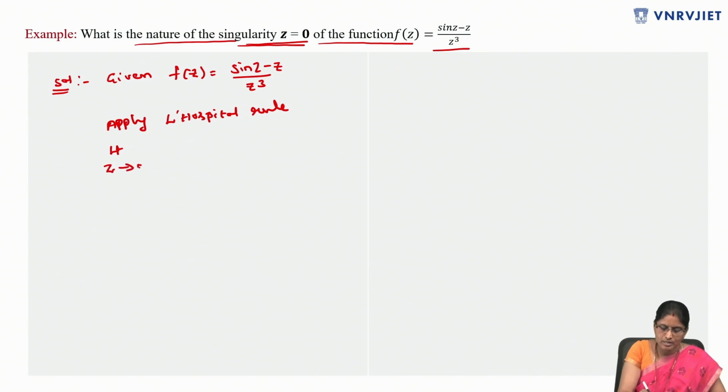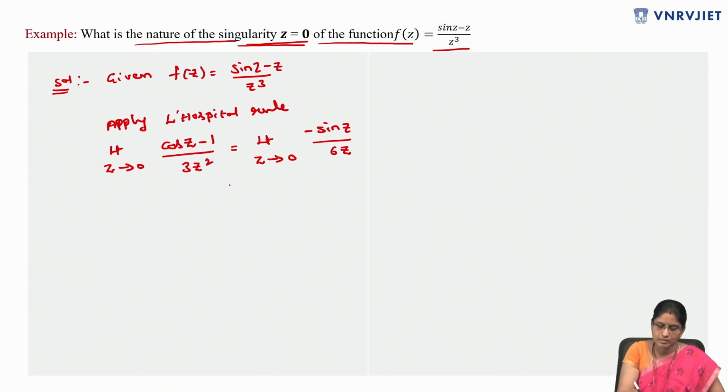Limit z tends to 0. Apply L'Hospital rule for the function (sin z minus z) by z cube. So the differentiation gives (cos z minus 1) by 3 z square. Again apply L'Hospital rule. Limit z tends to 0, cos z differentiation is minus sin z, by 6z.